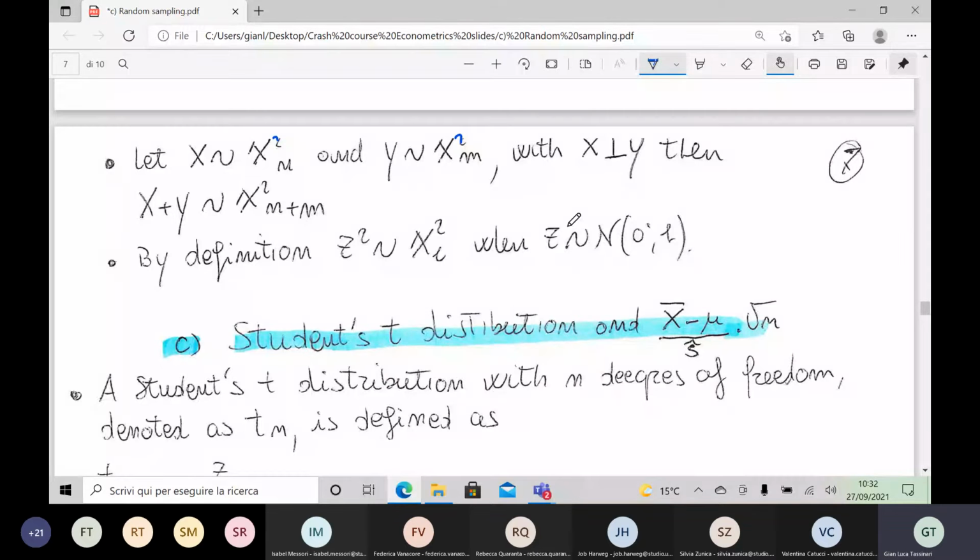Remember, a chi-square with n degrees of freedom is the sum of the squares of n independent standard normal random variables. If you consider a random variable which is defined only as theta square, you have only the square of one standard normal random variable, and therefore you have a chi-square with 1 degree of freedom.